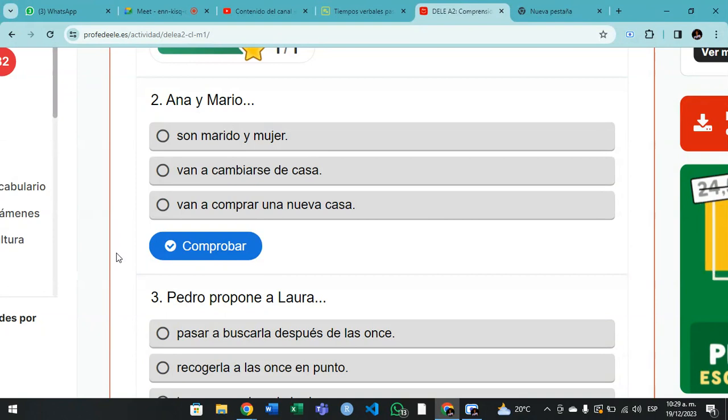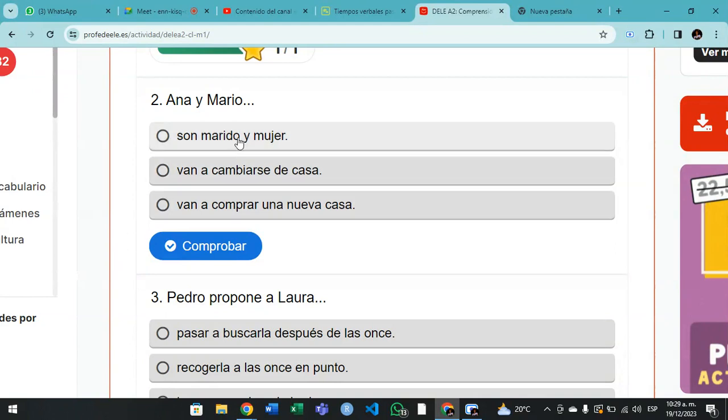Okay. What does cambiarse mean? Change. And the third one says to buy a new house. Yes. Okay, I think it's A.